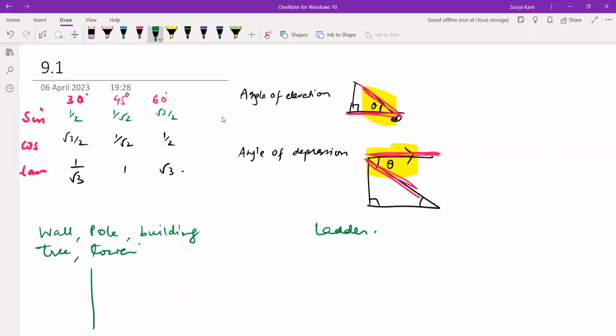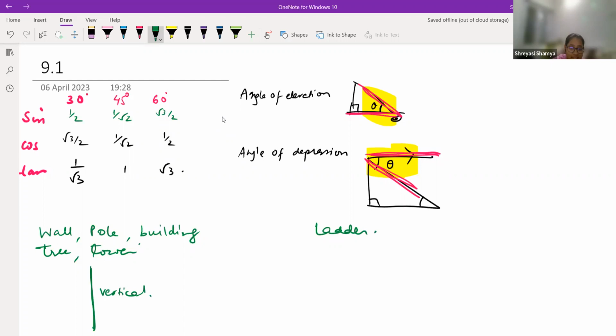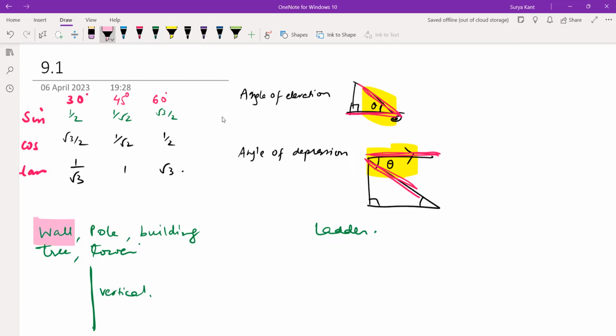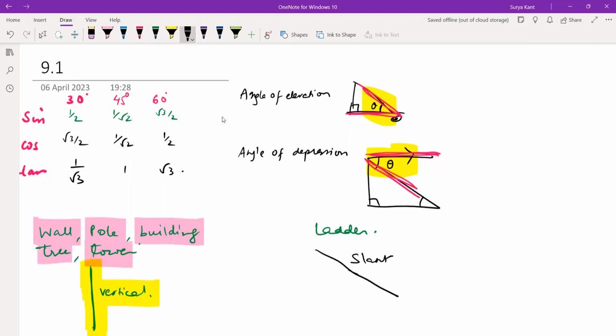These are all vertical lines, vertical in shape. A ladder will be slant.